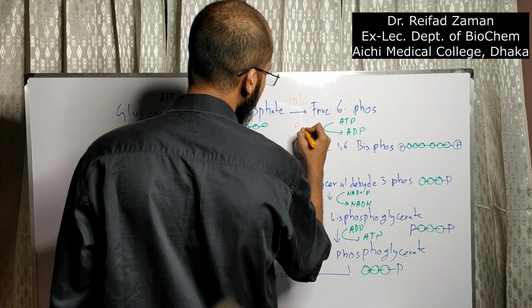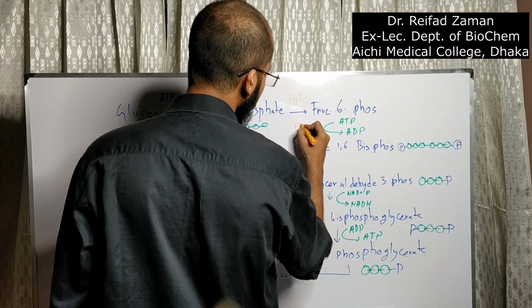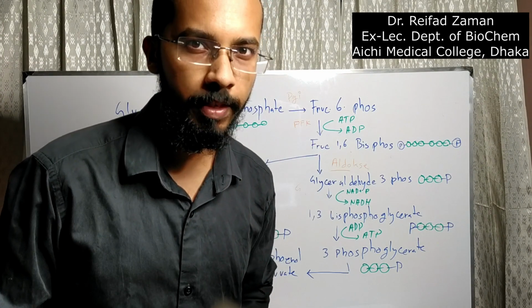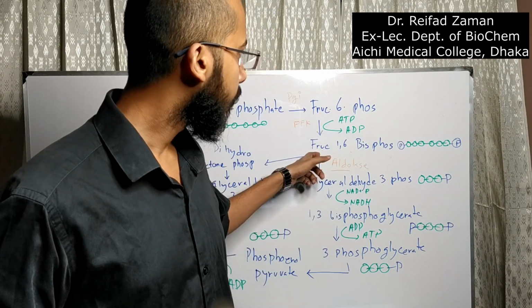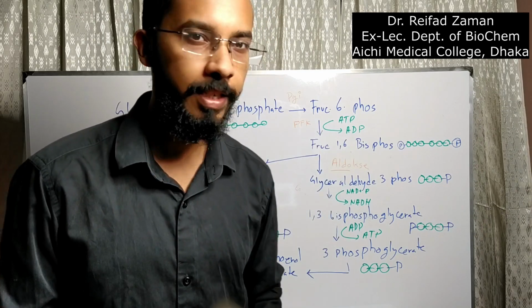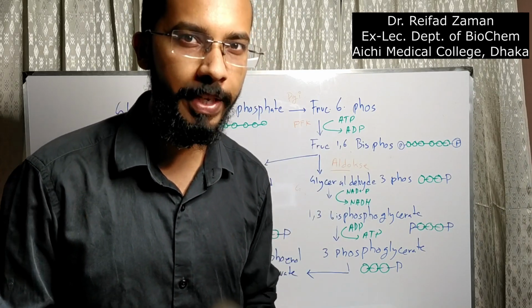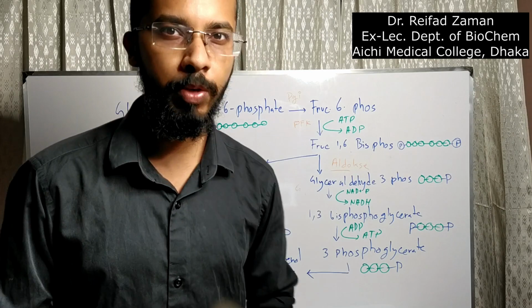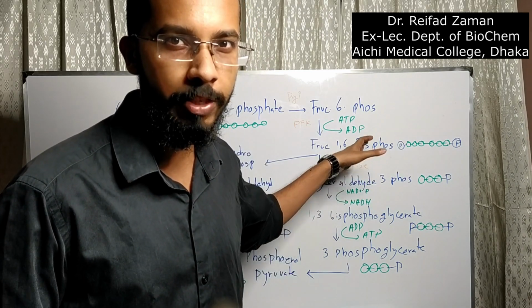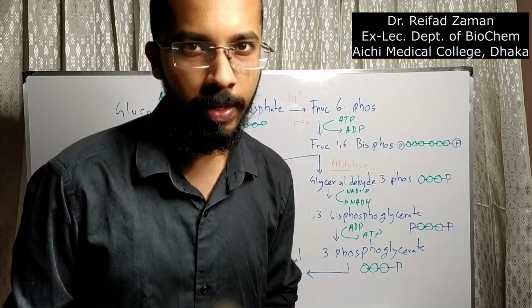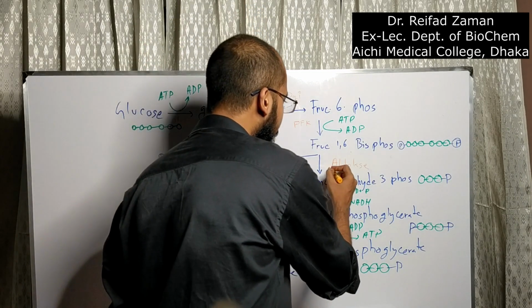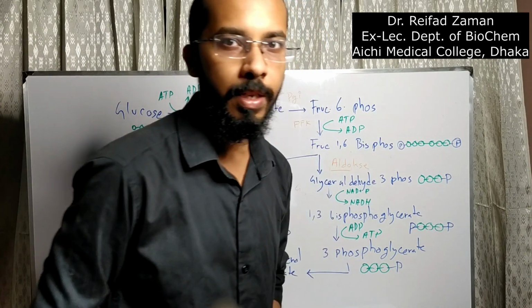Phosphofructokinase. Now this one is a bit tricky because fructose 1,6-bisphosphate is being broken down into glyceraldehyde 3-phosphate, and the name of the enzyme is aldolase. Now the problem is the name aldolase doesn't actually relate to what is going on over here. However, you have to understand, where does the word aldo come from?